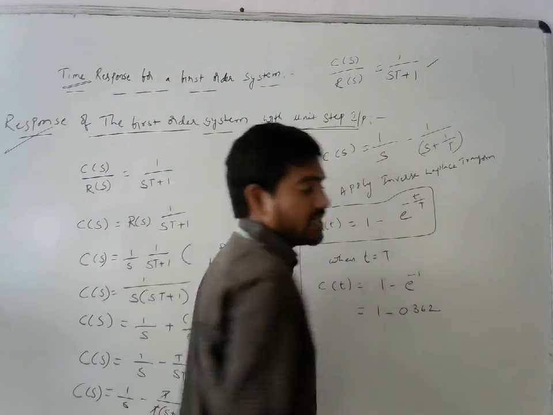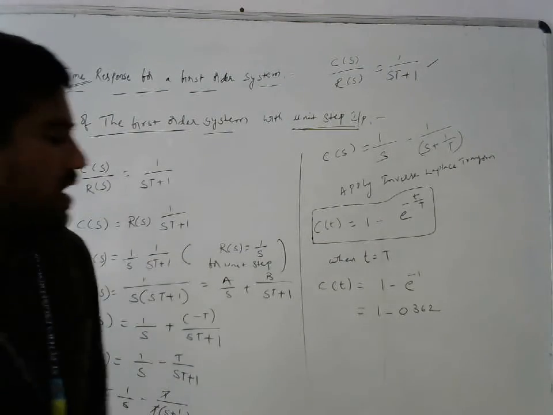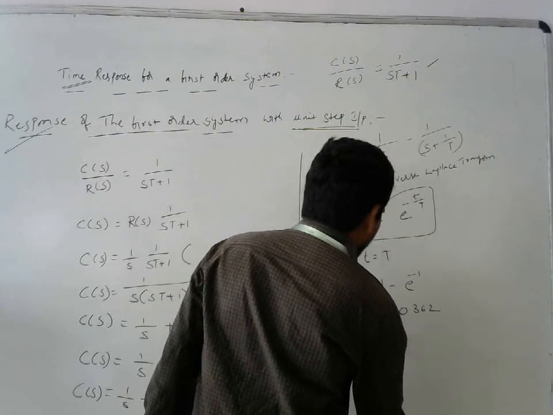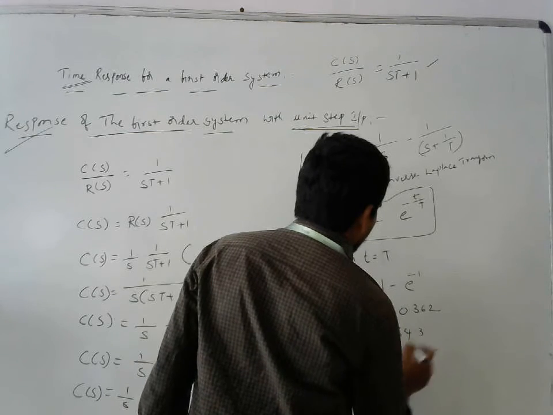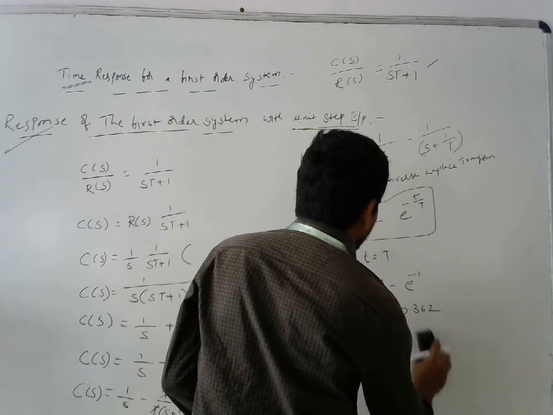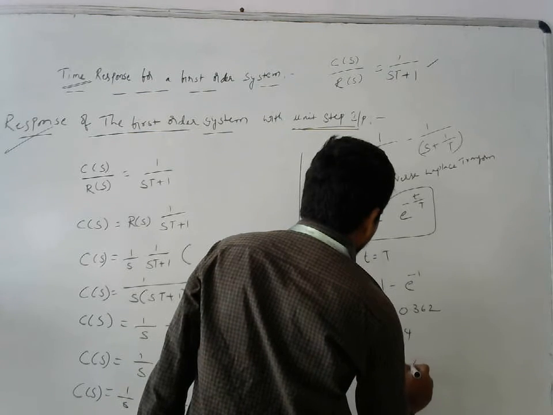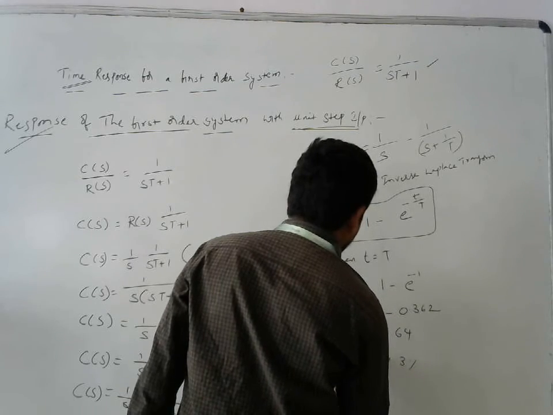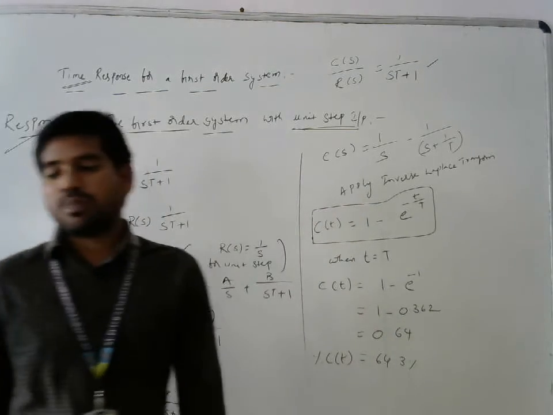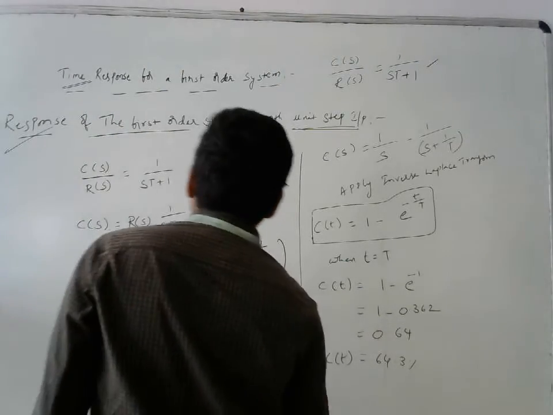E power minus 1 is 0.368, so if I simplify this, we are going to get 0.632, which in percentage is 63.2 percent. The percentage of C of t will be equal to 63.2%. That means this is already the time constant we know.